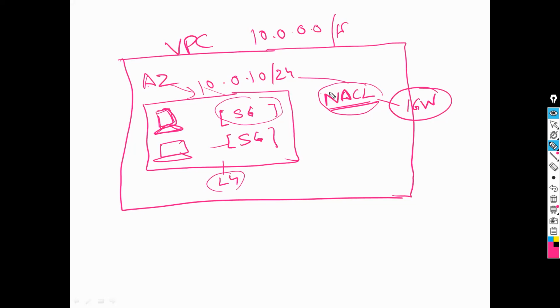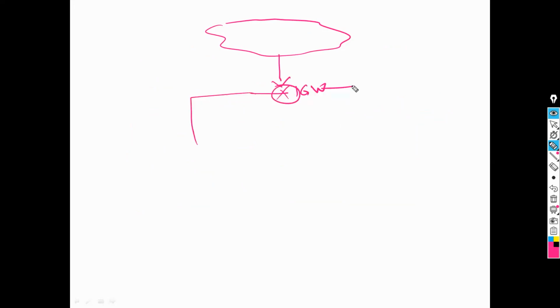However, let's suppose this is a common diagram, and this is the internet. If somebody is coming from the internet, it will hit my IGW, which is the internet gateway of my VPC. That internet gateway connects to my availability zone.